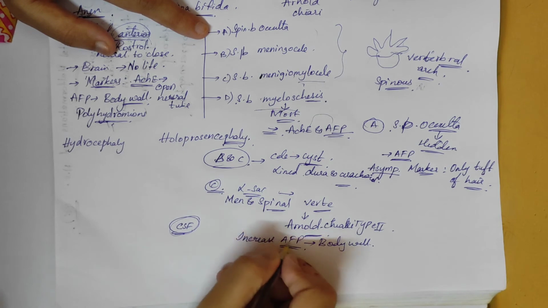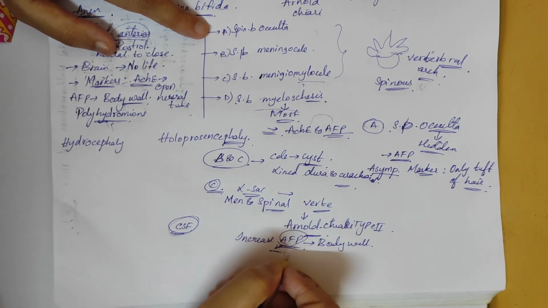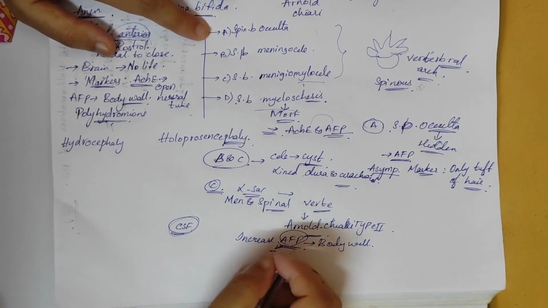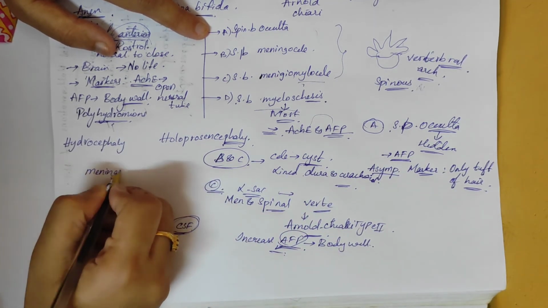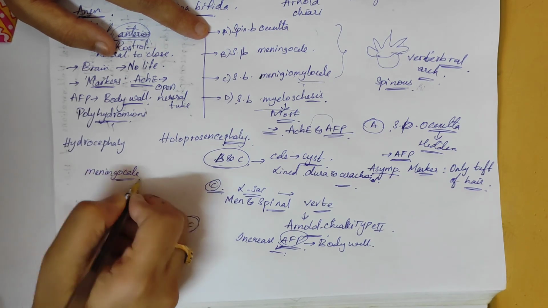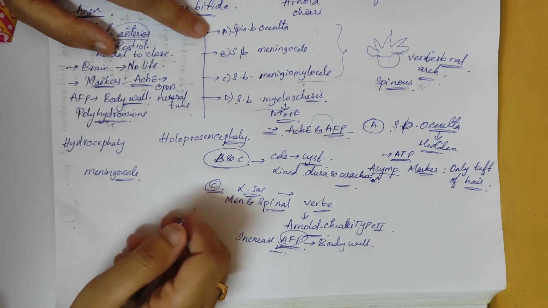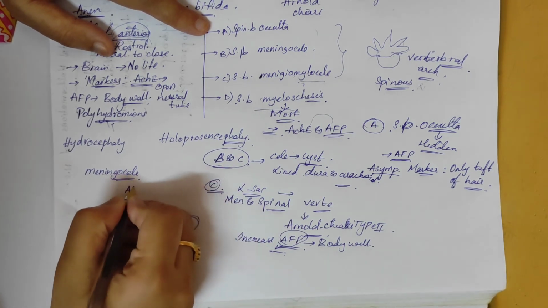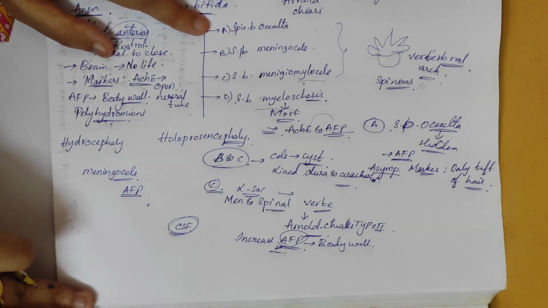But we can see AFP leaking out in this. And next one is spina bifida meningocele. As the name indicates, meninges protrude through this vertebral defect, and we can see an increase in AFP here.